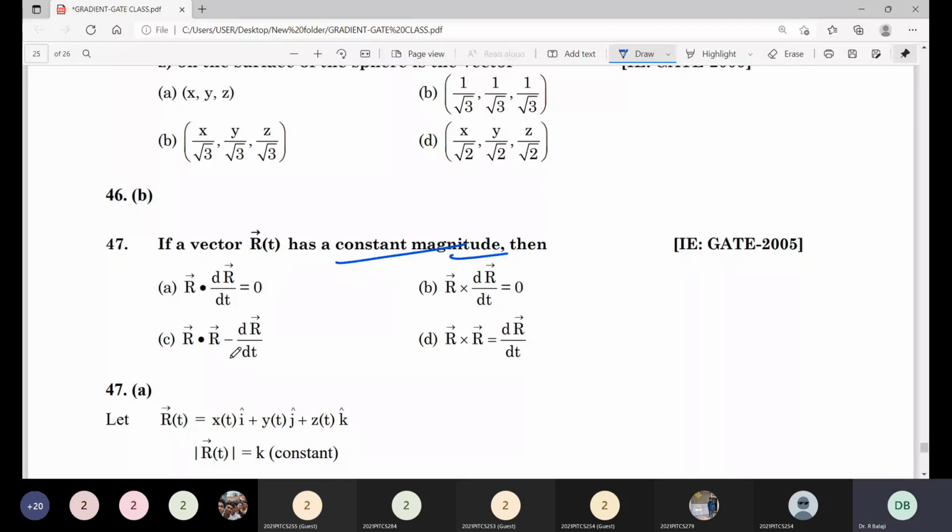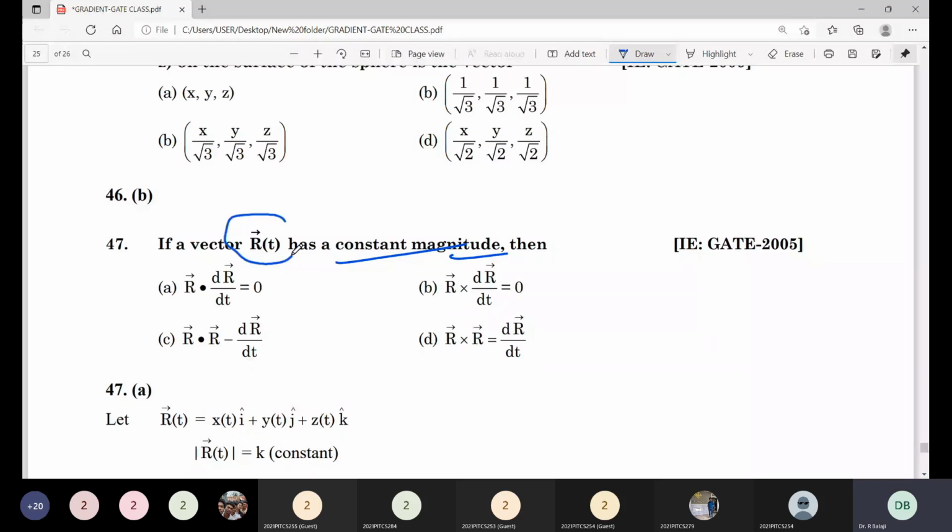So if a vector r of t has a constant magnitude, then the first answer is the correct answer. R vector dot the derivative of that r vector is equal to 0. See, r of t, so the vector is in the form of t.